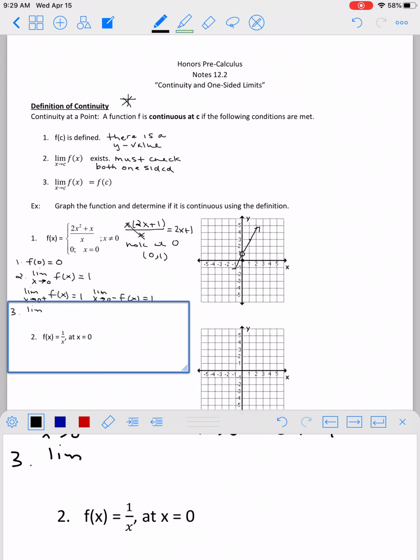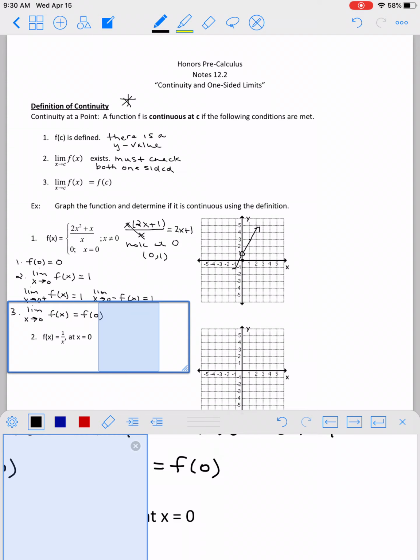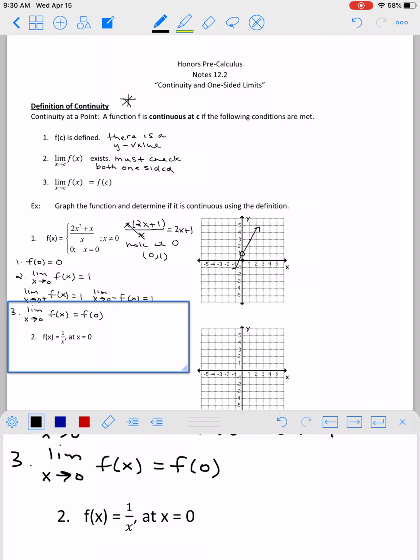So I'm going to evaluate if the limit as x approaches 0 of my function is equal to f of 0. So we look back at step 1 and step 2, and we find that our function value was 0, but our limit was 1. So that would be a no, and then we'll use our 3 dots.